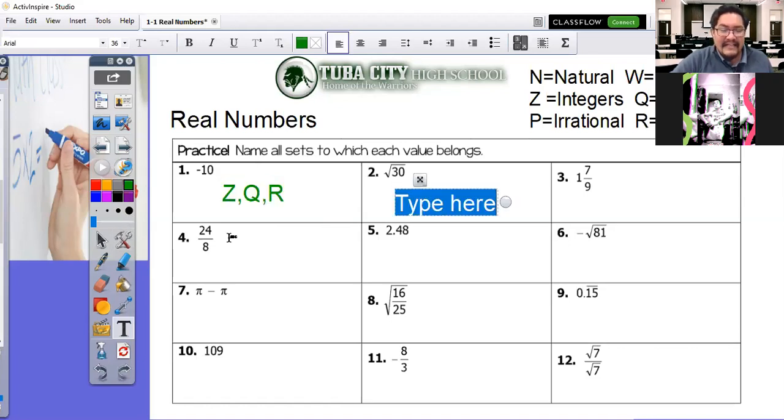Let's go ahead and look at the square root of 30. Now be careful with some of these, we should try to work it out. So if I punch into my calculator 3, 0, and square root, well, it looks like we have an irrational number, 5.477225.